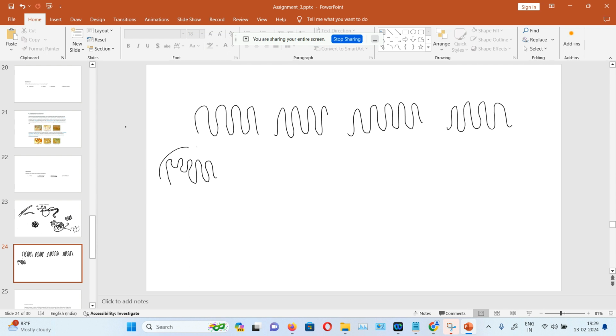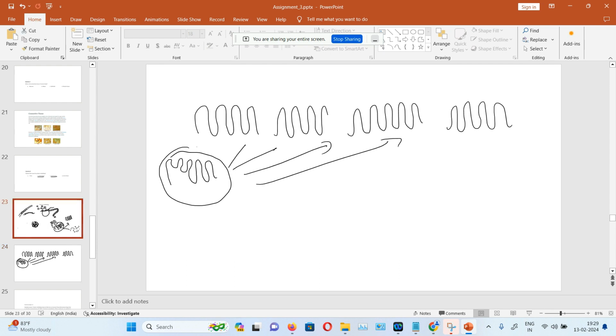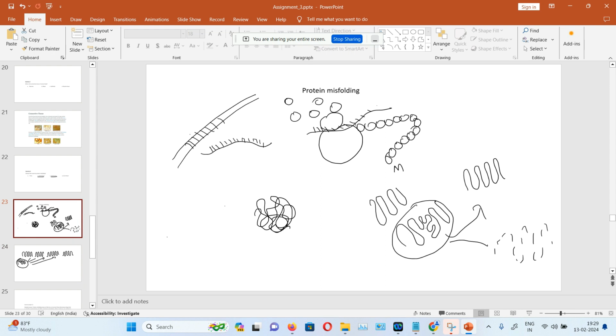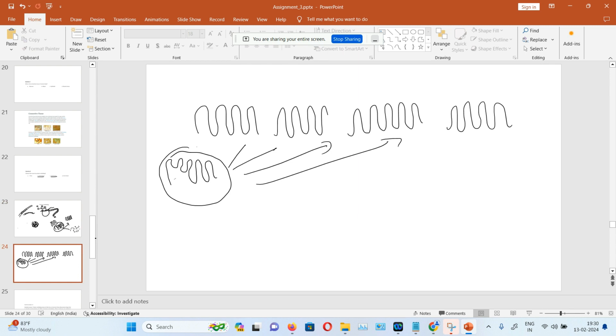This misfolded protein is so dangerous that it can induce misfolding in all other normal proteins. In the case of other proteins, a misfolded protein will stay there and be inactive. But a prion protein will induce misfolding in all other proteins. So if some misfolded protein is there, then the good protein also will get misfolded.